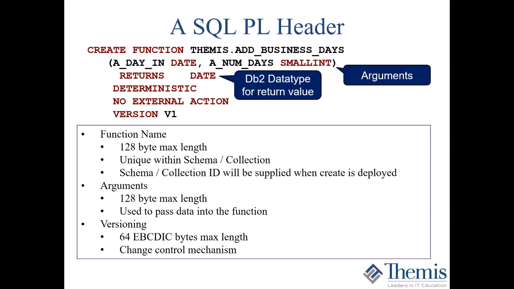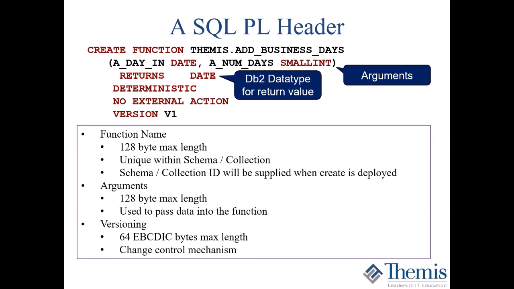It's going to give you something different every time, right? So this one's deterministic, and by telling DB2 that, it affects access path selection when you start using this, especially if you put it in table expressions and things like that. All right. So the arguments can be 128 characters long too, the names of them.